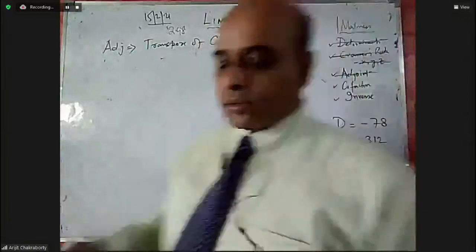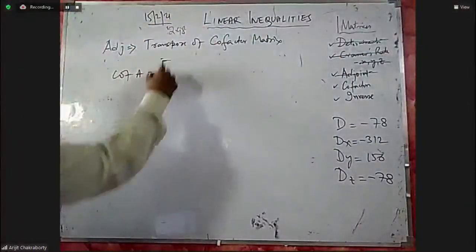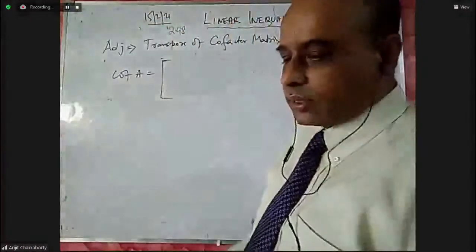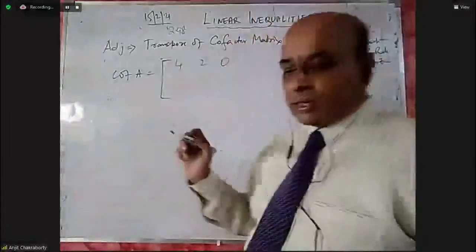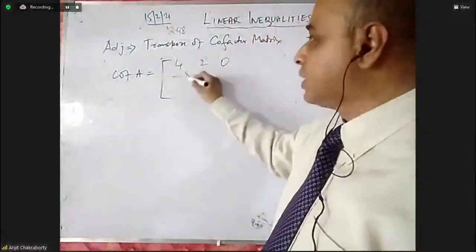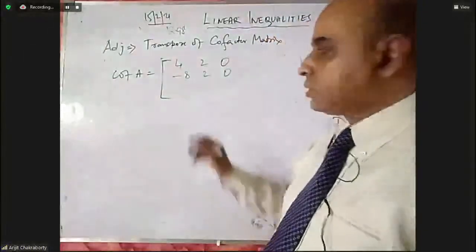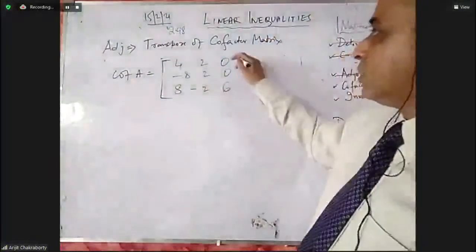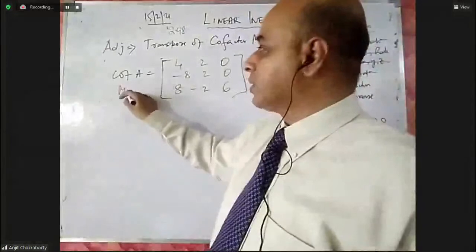So cofactor of A is coming to, I have noted the numbers here, 4, 2, 0, minus 8, 2, 0, minus 8, 2 and 0. Then 8, minus 2 and 6. This is the cofactor matrix of A.